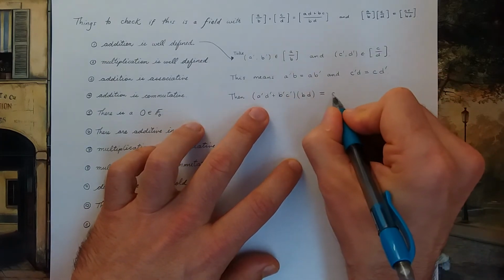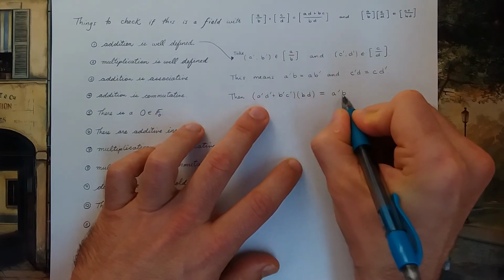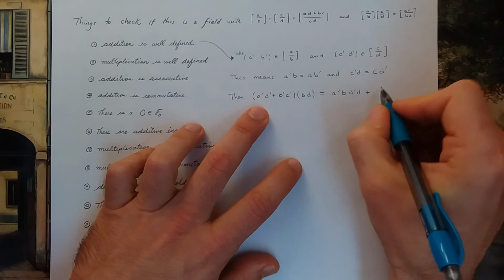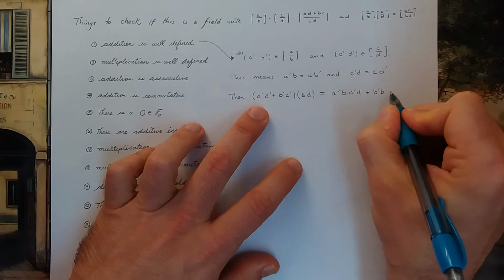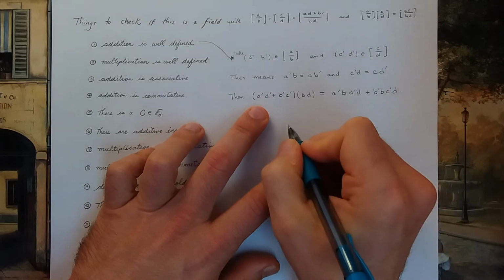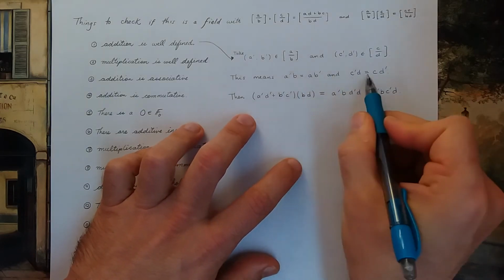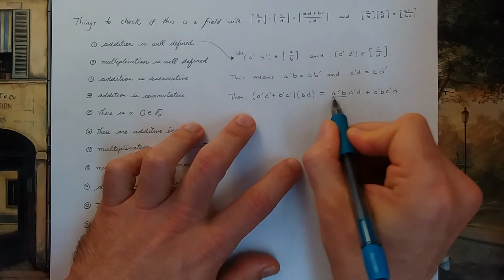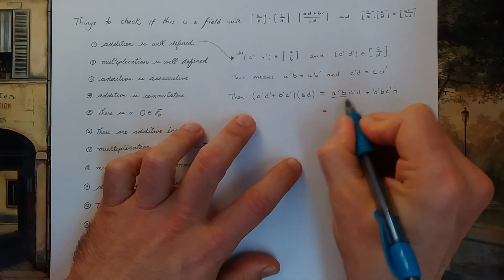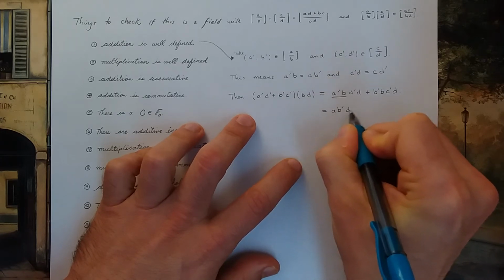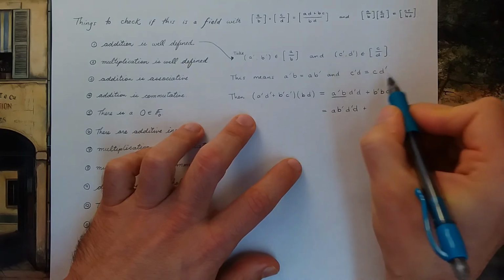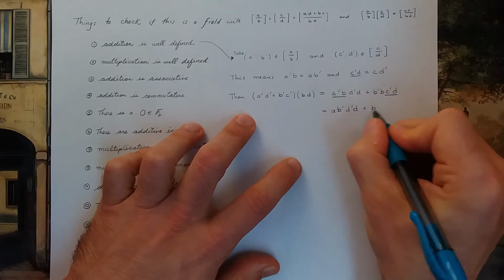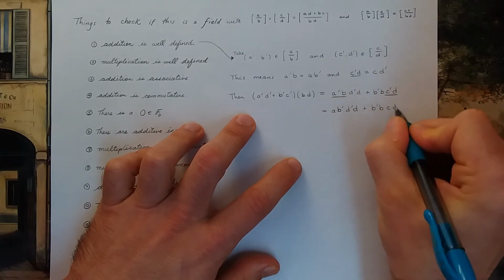So this would be A prime B D prime D plus B prime B C prime D. Now, according to these identities, I have A prime B is equal to AB prime, so I'll change this to AB prime D prime D. And likewise, C prime D is CD prime, so this is B prime B C D prime.